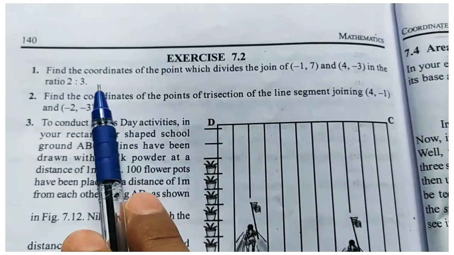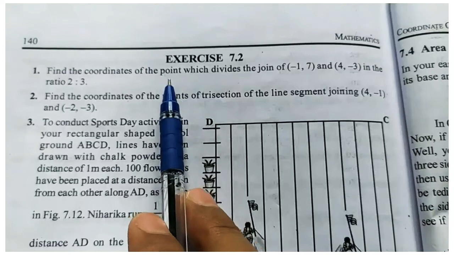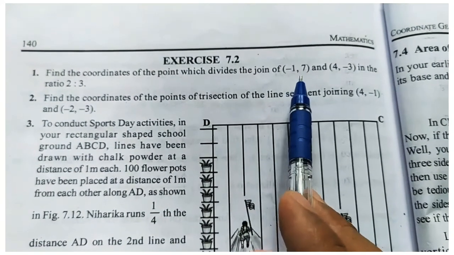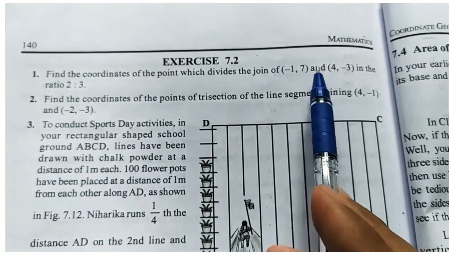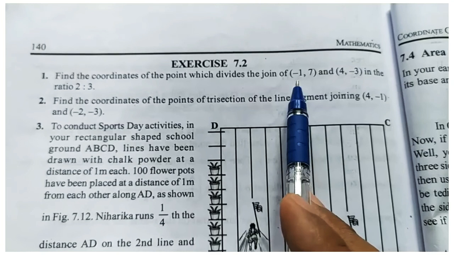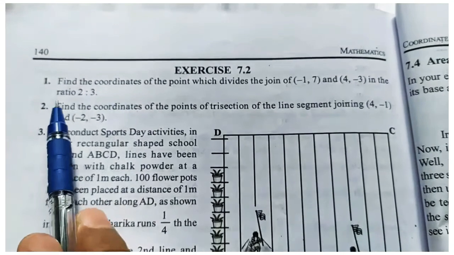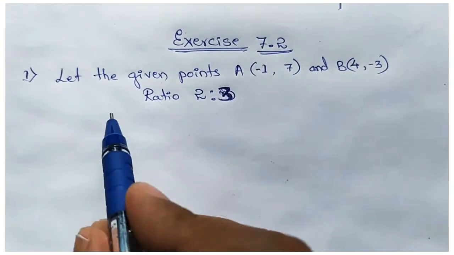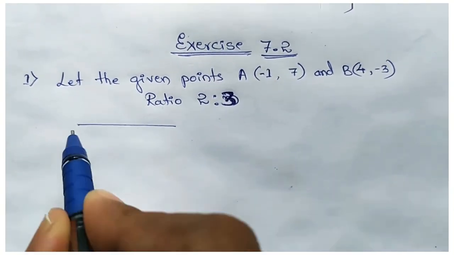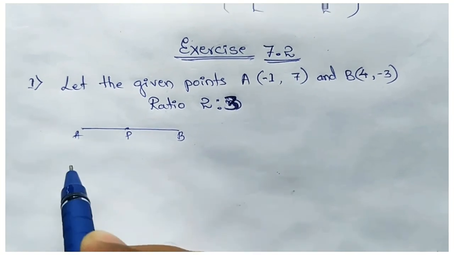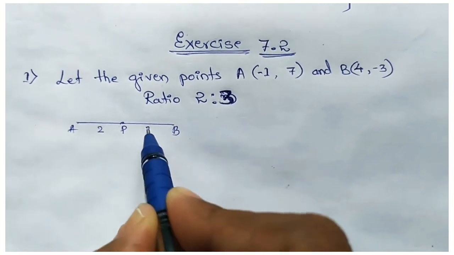In the exercise, first question: find the coordinates of the point which divides the join of -1, 7 and 4, -3 in the ratio of 2 is to 3. Okay, so let's take these 2 points as A and B and the ratio as m1 is to m2. Here they give the line AB, and P divides it in the ratio of 2 is to 3.